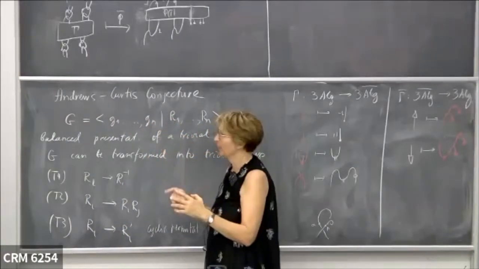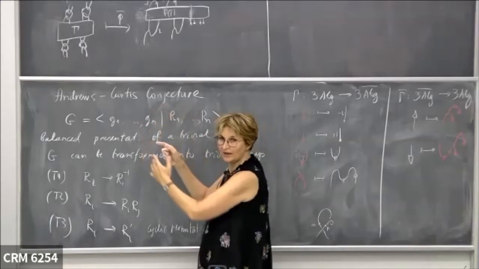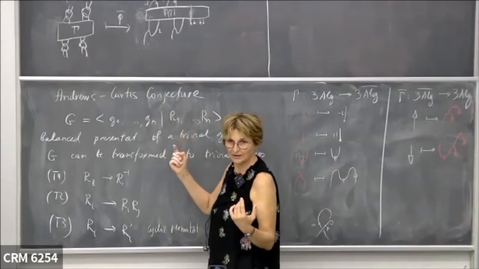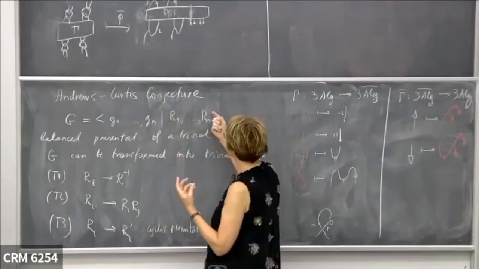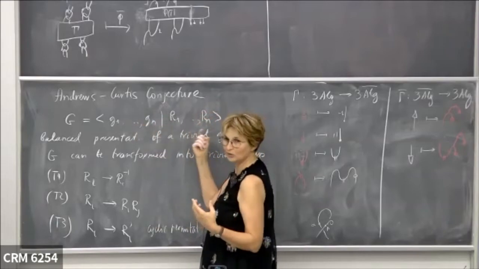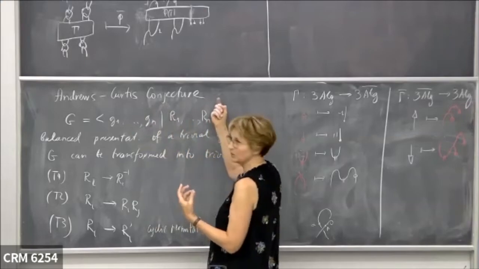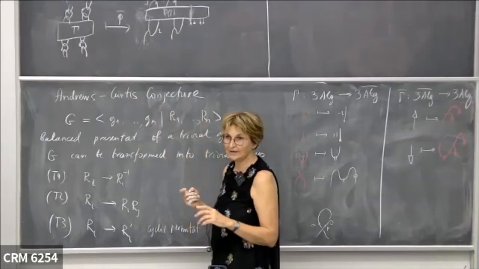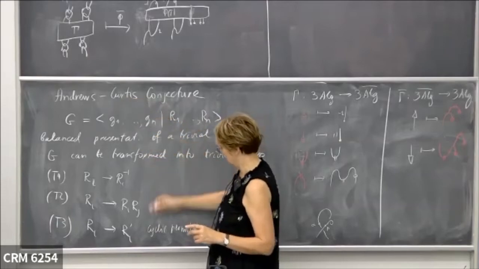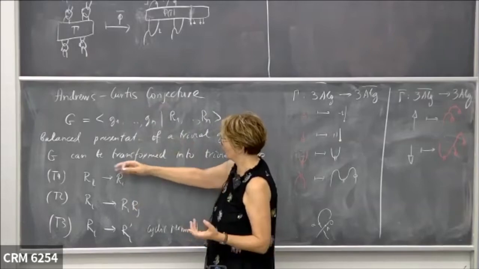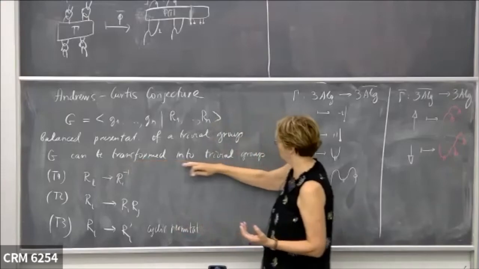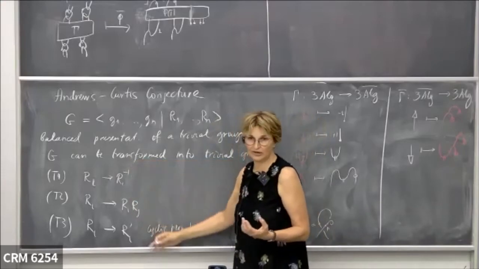By these transformations, I will never change the number of relations and the number of generators, and I cannot introduce trivial relations. That is what is important in Tietze transformations, how you normally reduce the group, by introducing some trivial relation, and this is not allowed. So these people conjectured that any such trivial group can also be transformed into the trivial one by just this set of moves.